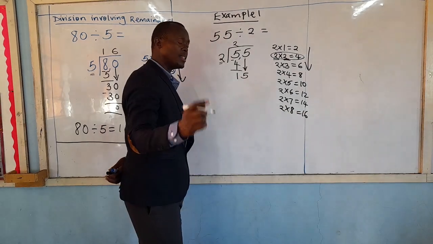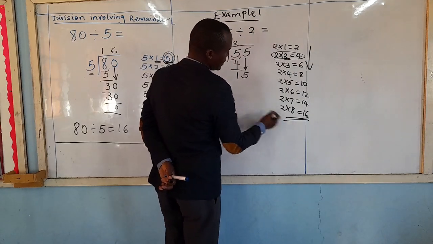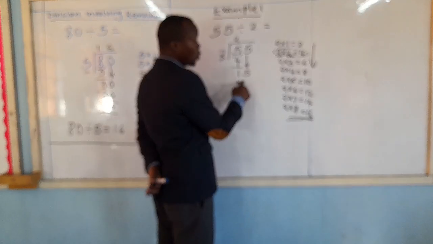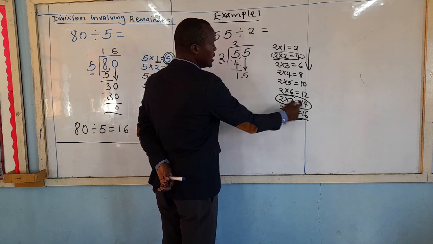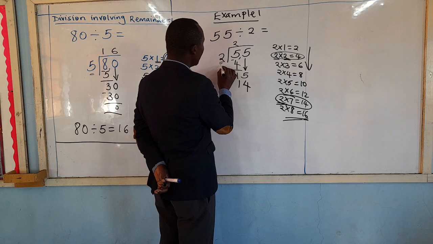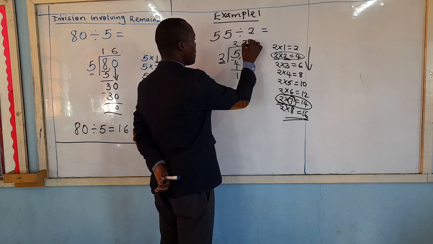Now, look at this. We cannot take 16 because 16 is bigger than 15. So we will take this that gives us 14. We write our 14 here. This 2 is the one that we have been given here. And now the 7, we write it up here.